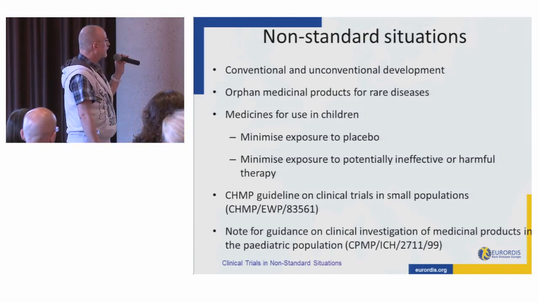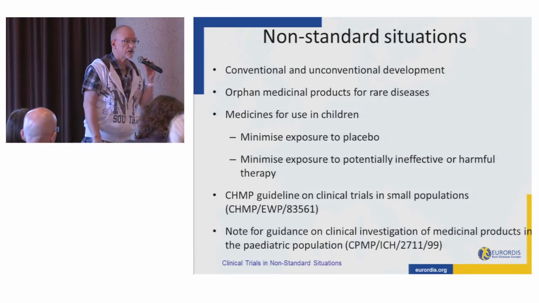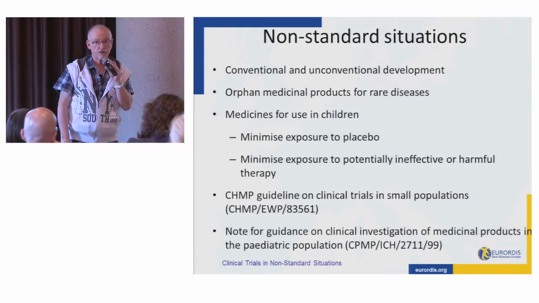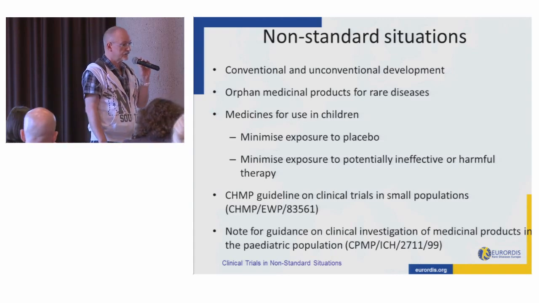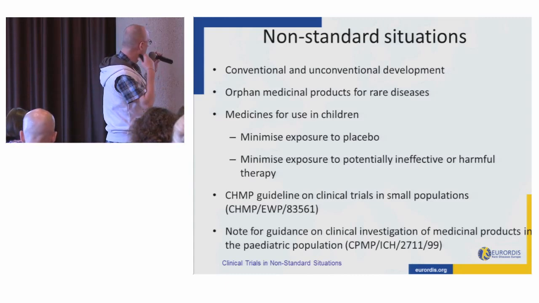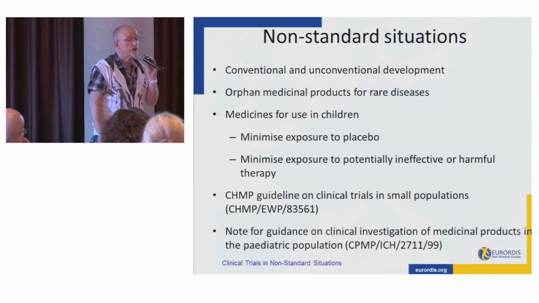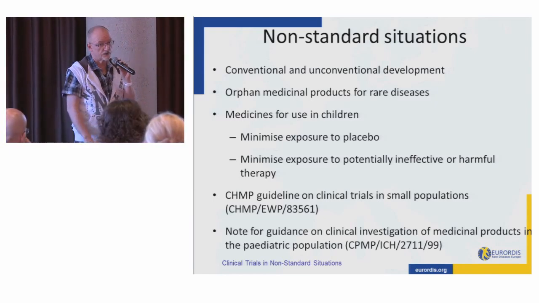It's recommended reading to look at the CHMP guideline on clinical trials in small populations. So if you haven't done that already, that's recommended bedtime reading. You will fall asleep. I can guarantee, I did. There's also another note for guidance, on clinical investigation of medicinal products for the pediatric population that dates back to 1999.